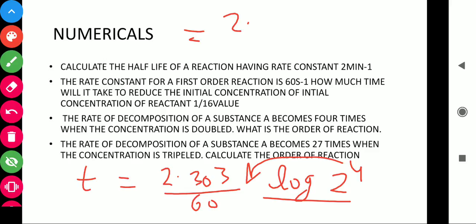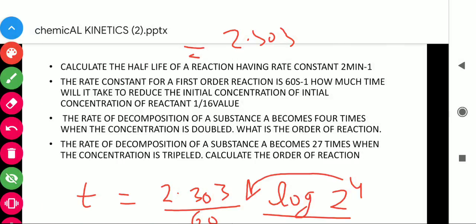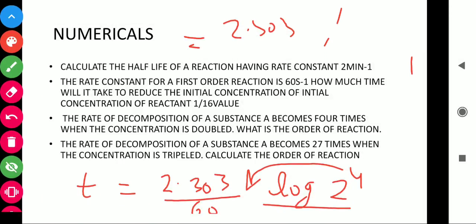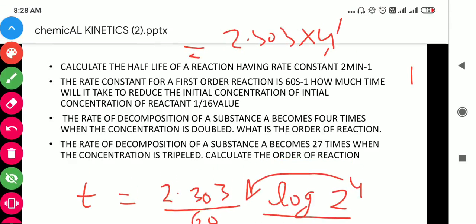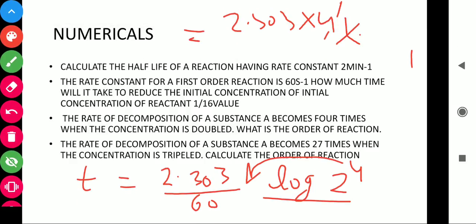Then it becomes 2.303 into 4 into 0.3010 by 60. You will calculate the value. And what will be the unit? Because the rate constant is given in second inverse, the unit is second.